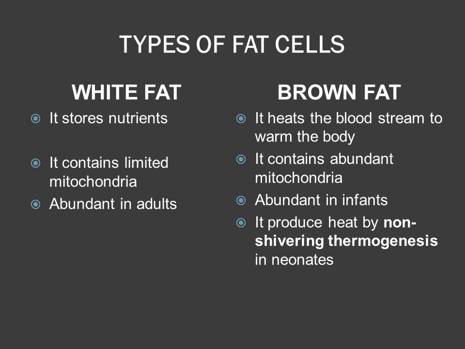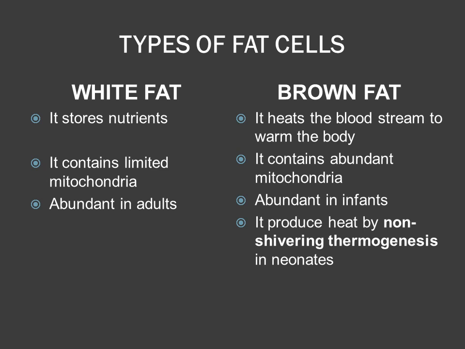The first one, white fat, is storing nutrients. Whenever the body requires, it will be converted into energy from the white fat. But brown fat heats the bloodstream to warm the body. So the body maintains its normal temperature, and this warmth is given by the brown fat.